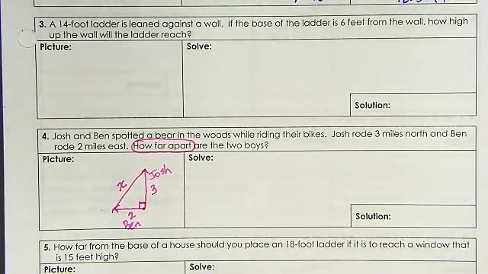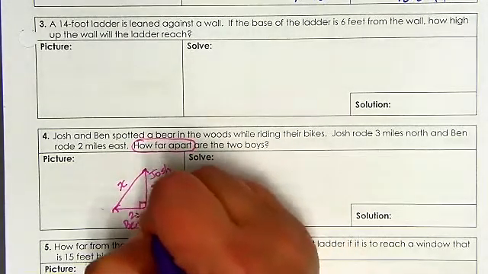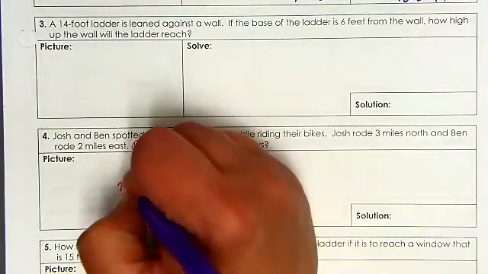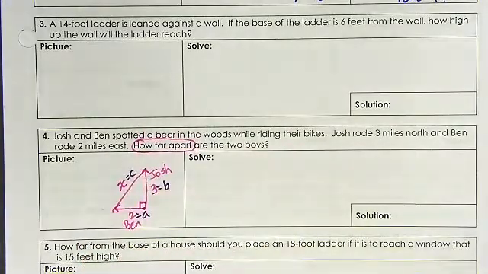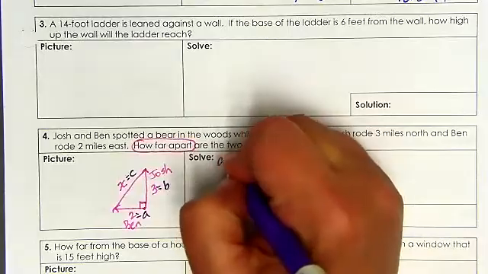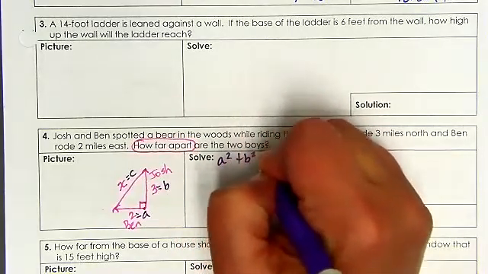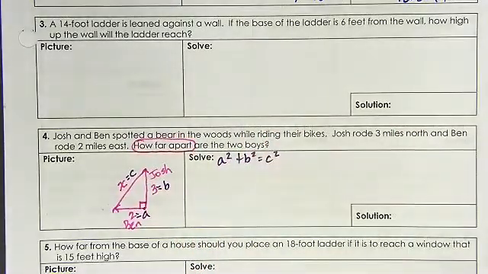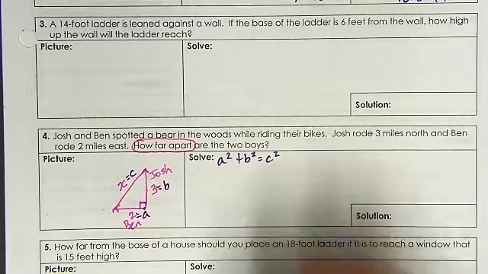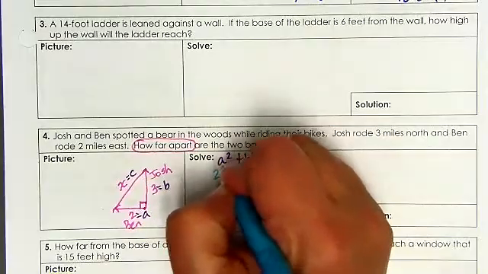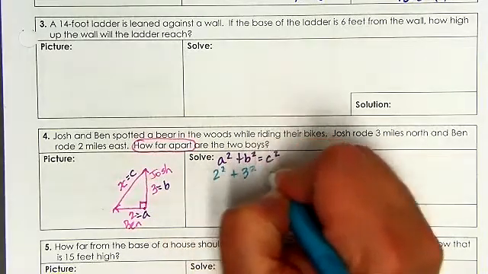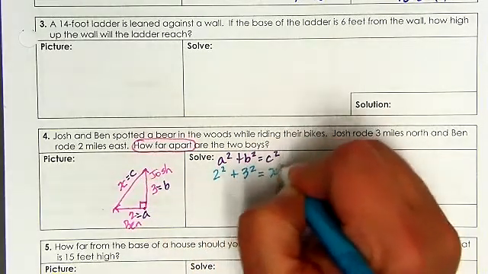We labeled them correctly, so I'm going to have A, B, C, plugging into the Pythagorean theorem. A squared plus B squared equals C squared. So I'm going to have 2 squared plus 3 squared equals X squared.